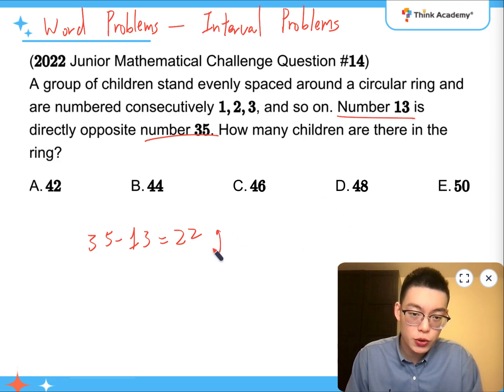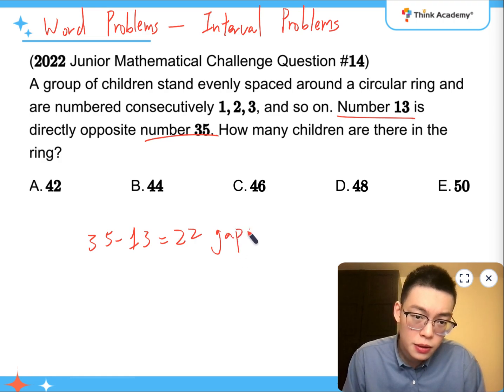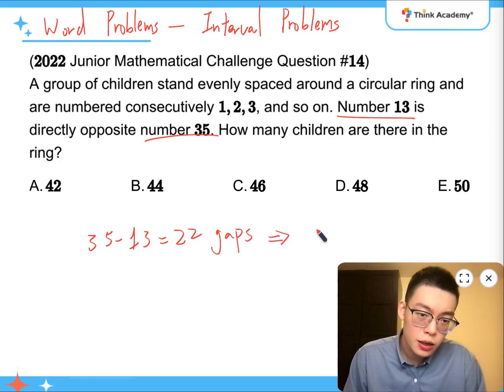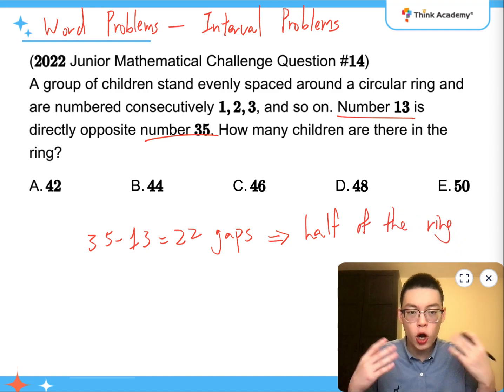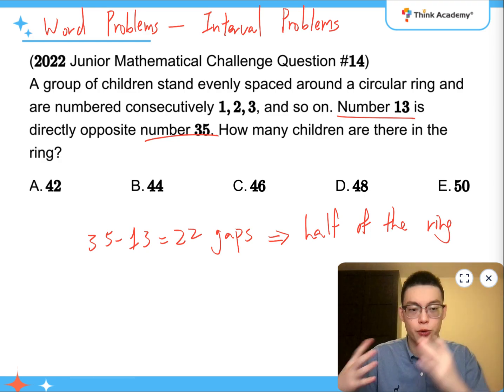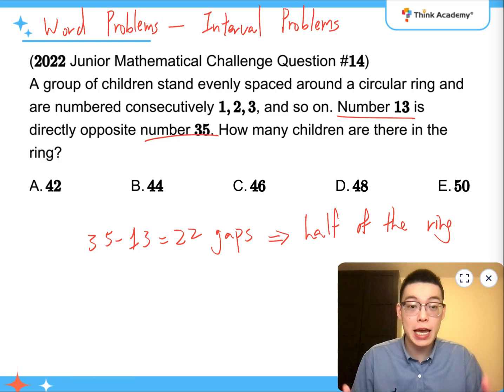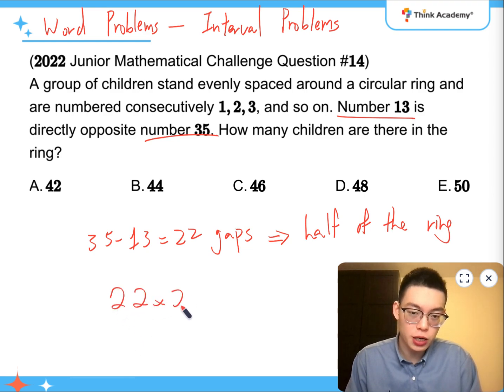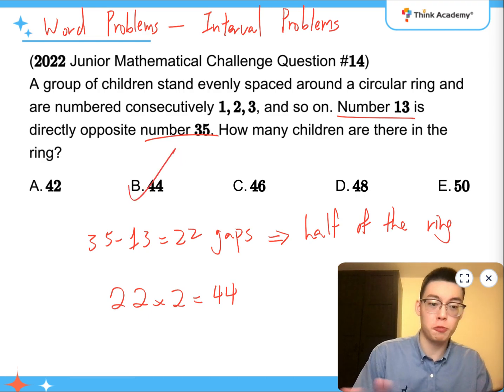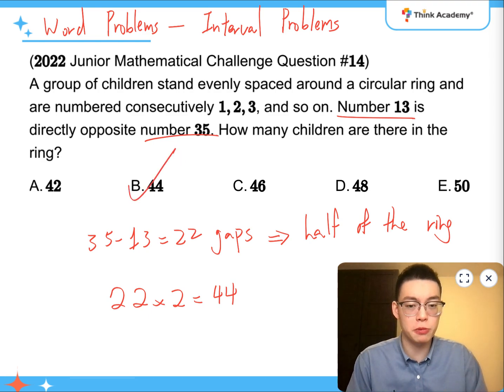So 22 gaps is half of the ring, which means that the whole ring has 2 times of 22 gaps, and that's the same as the number of children. So the number of children is 22 times 2, which is 44. Super easy question if you know this principle. All right.